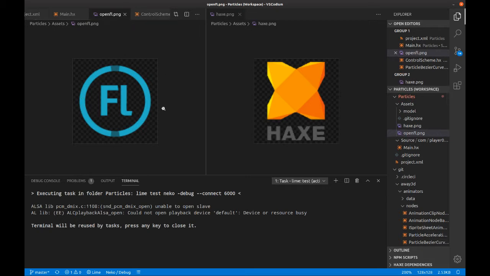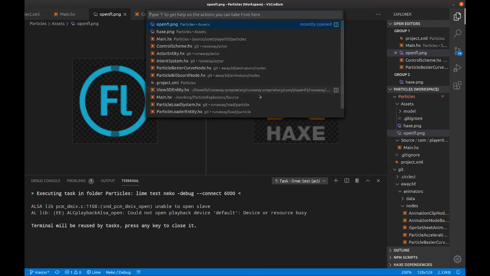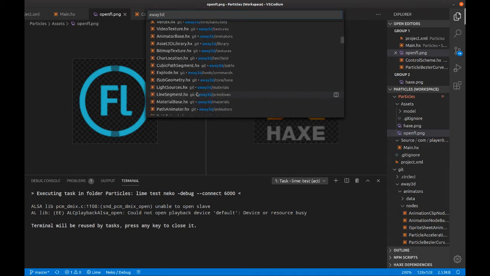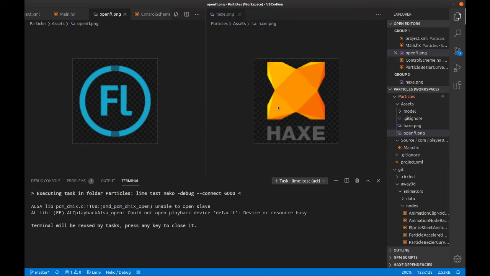OpenFL is a system for rendering, doing cross-platform. It provides tools to work in Hacks, and a logo that I don't have loaded up here.